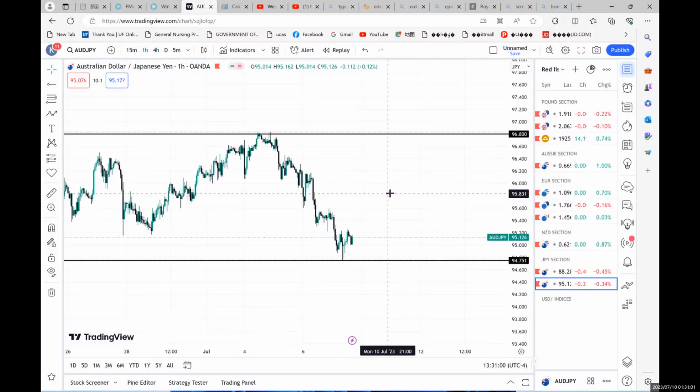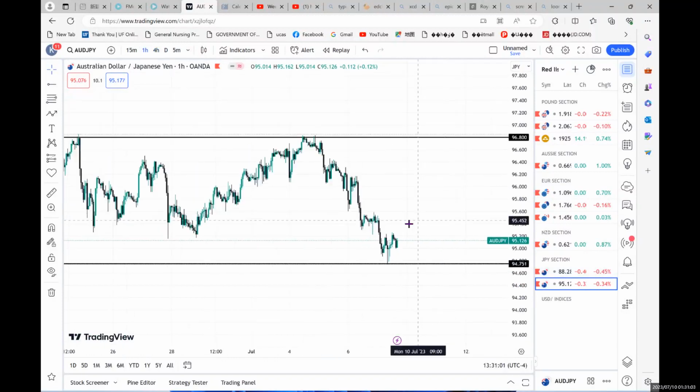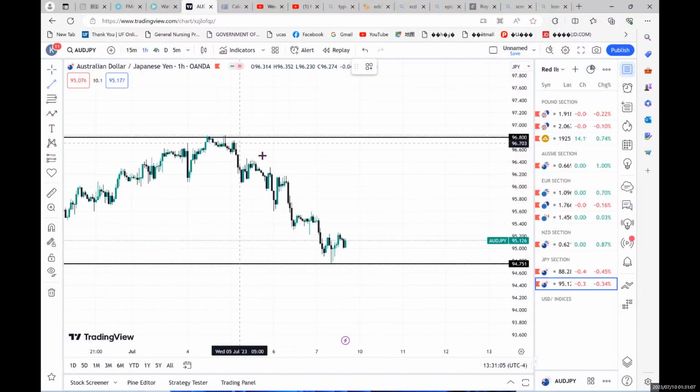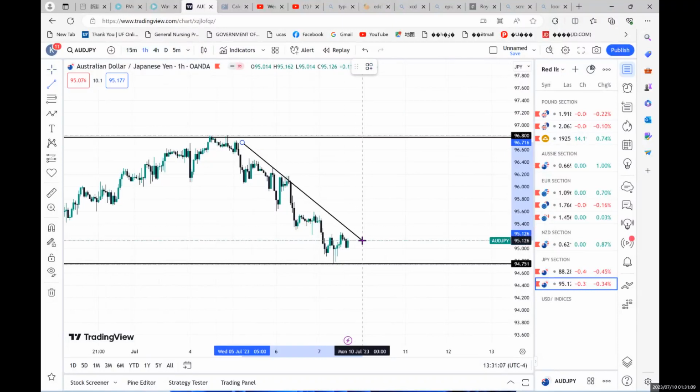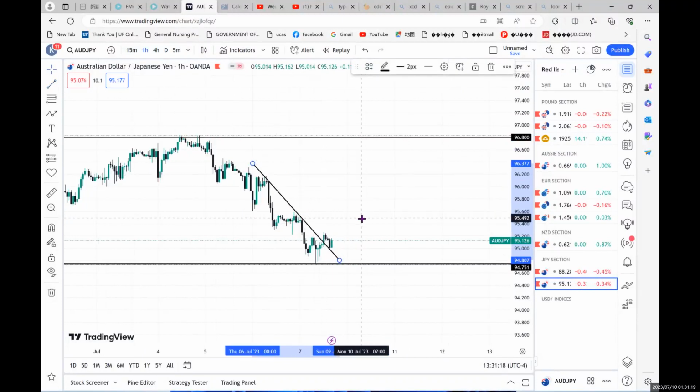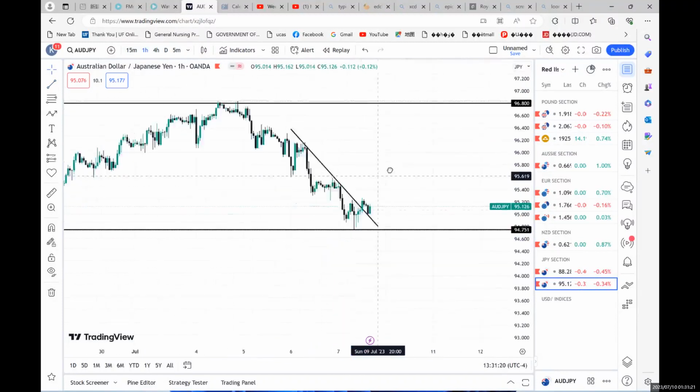Just like NZDJPY, price is also still bearish on AUDJPY. Let's see, draw this here, connect here. Price is still bearish.